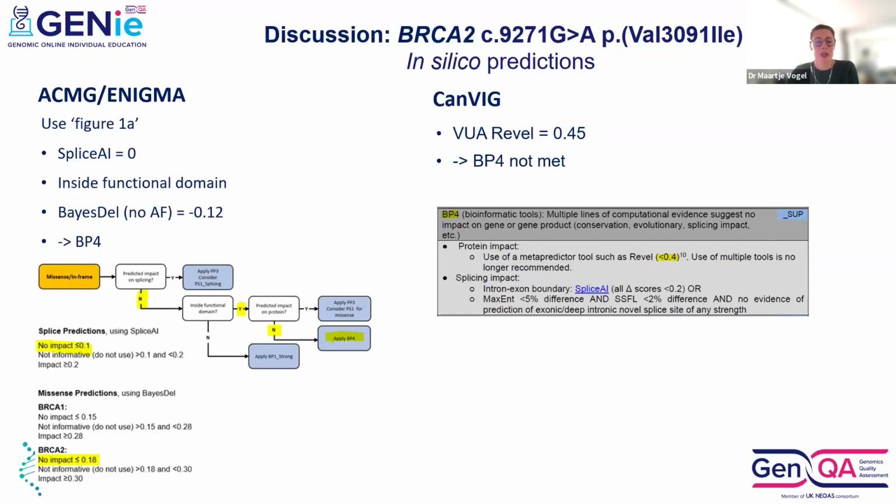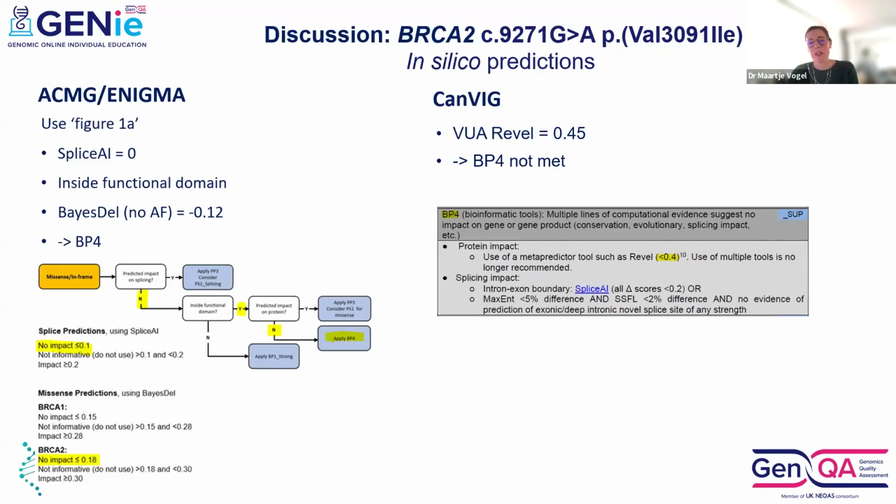And for this specific variant, you need a SpliceAI score of 0. You need to realize that it's inside a functional domain, and you need the BayesDel predictor, which is a -0.12. And if you follow the flowchart, you come to the conclusion that BP4 can be applied.